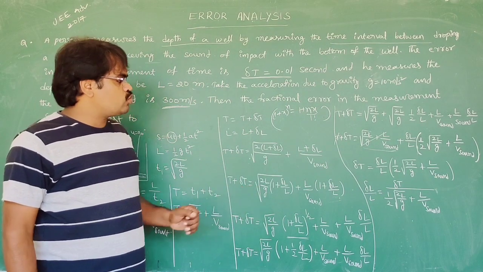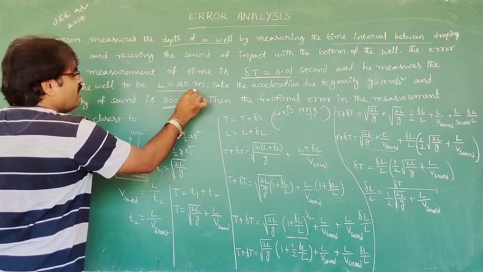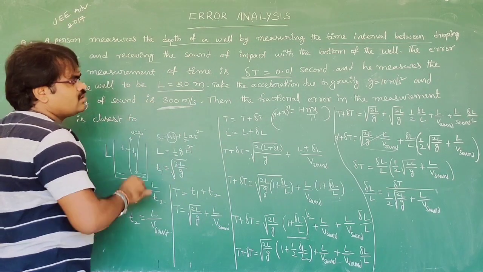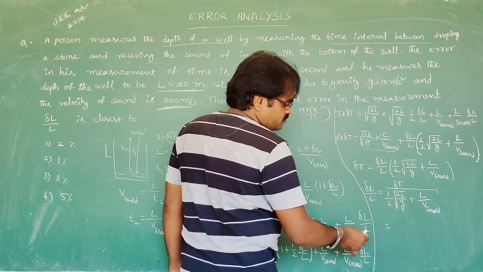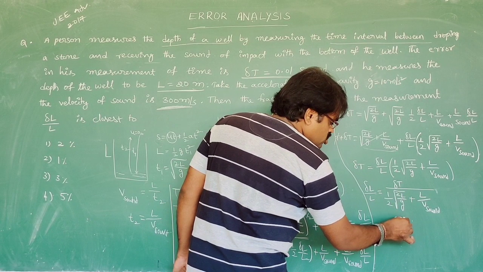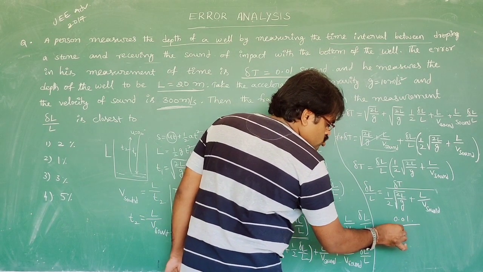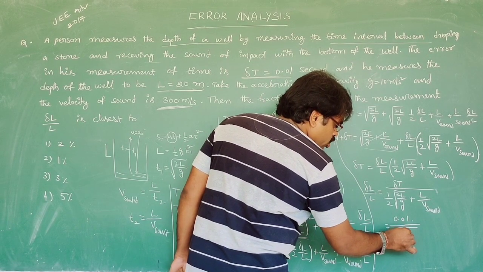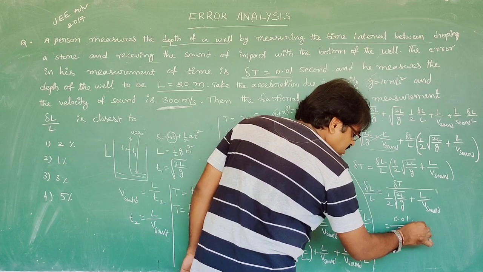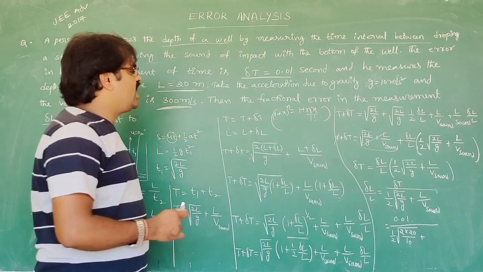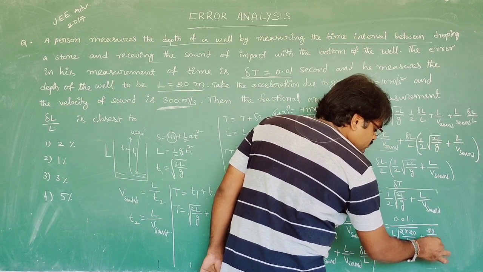Now the values we know: delta T, L value and v value are given, and the g value, substituting here, that is equal to 0.01 by 1 by 2 root of 2 into L value 20, g value 10, plus L value 20 by 300.